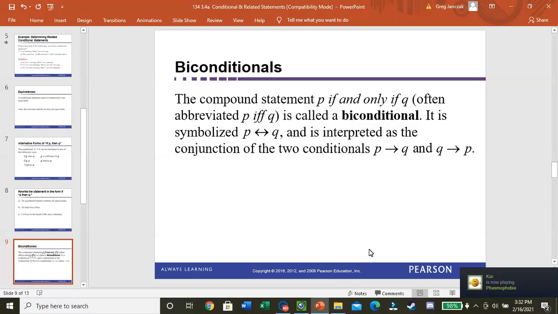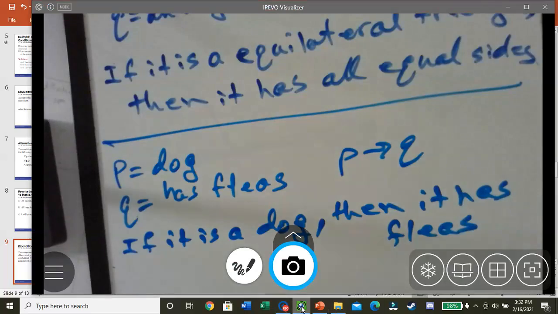Biconditional statements. That's where if P, if and only if Q, or iff, it's called a biconditional statement. It's symbolized with this double arrow. If P then Q is interpreted as a conjunction of if P then Q and if Q then P. Let's see how that looks on a truth table.